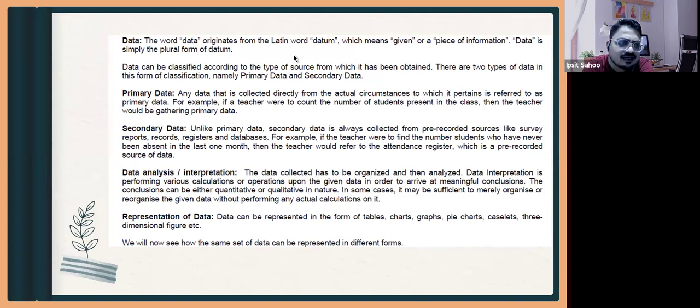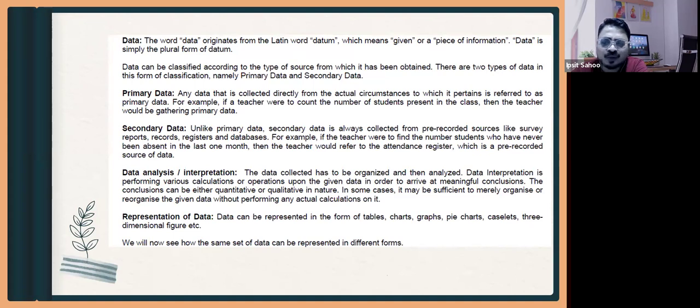The first data is called the primary data, and the secondary data is whatever is derived from the primary data, whatever more information you are collecting using the primary data.